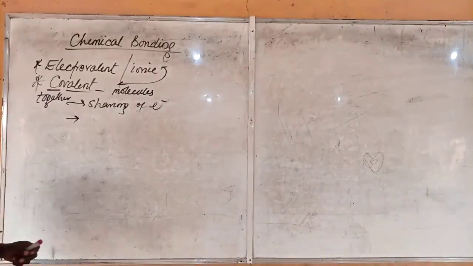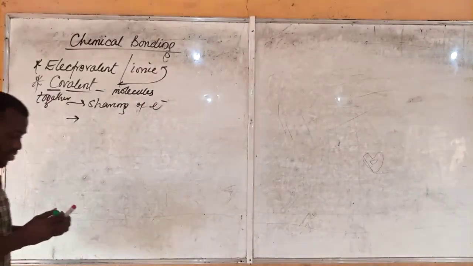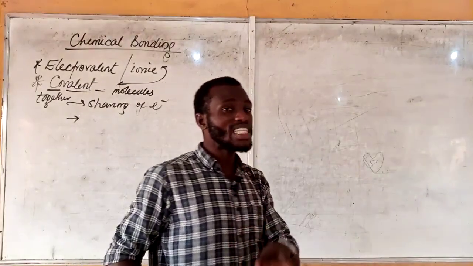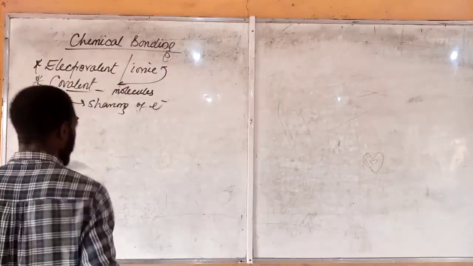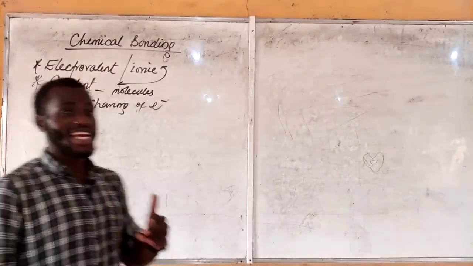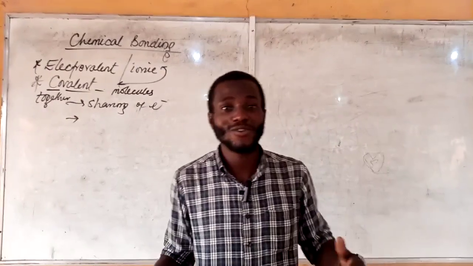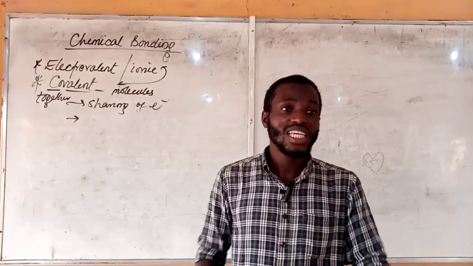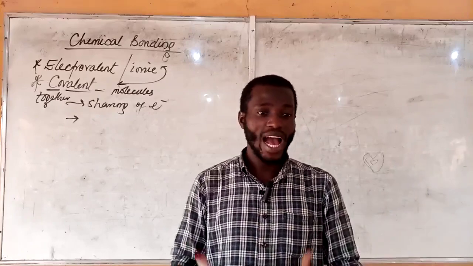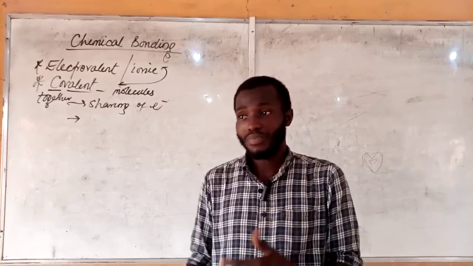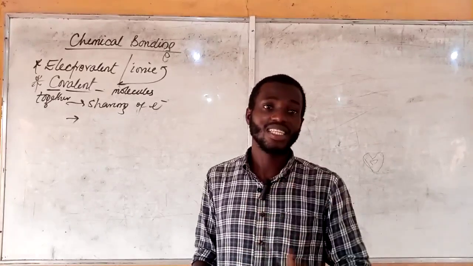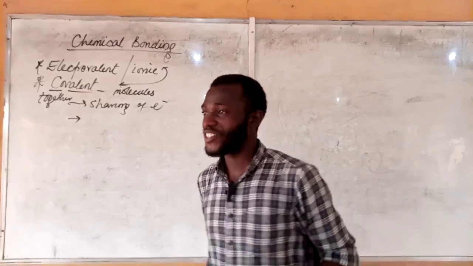Now, this concept happens between non-metals only, not a metal and non-metal. So it's like when the non-metals do not find someone to give them electrons, they look for a mate who has the same problem as them, and then they decide to cohabit, so that sort of thing.